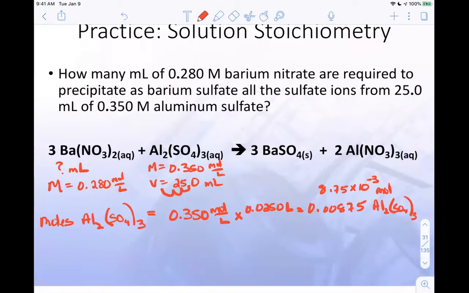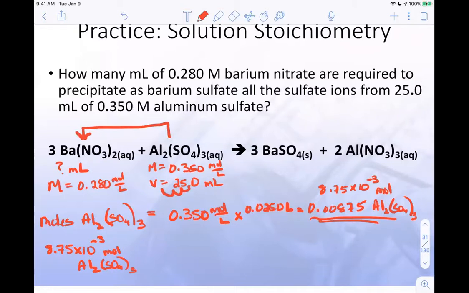So now I have moles of my reactant, and I want to figure out the milliliters of the other reactant to effect total reaction. So I'm going to take this 8.75 times 10 to the minus 3 moles of aluminum sulfate, and I'm going to use the molar ratio.